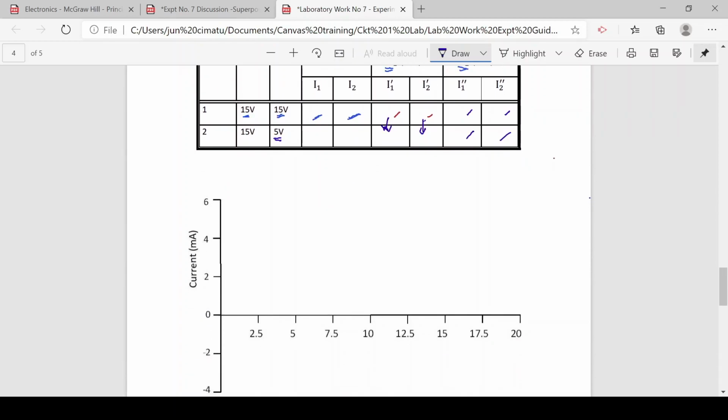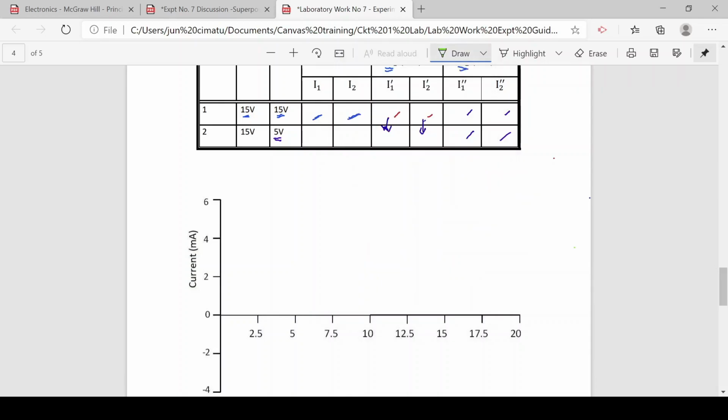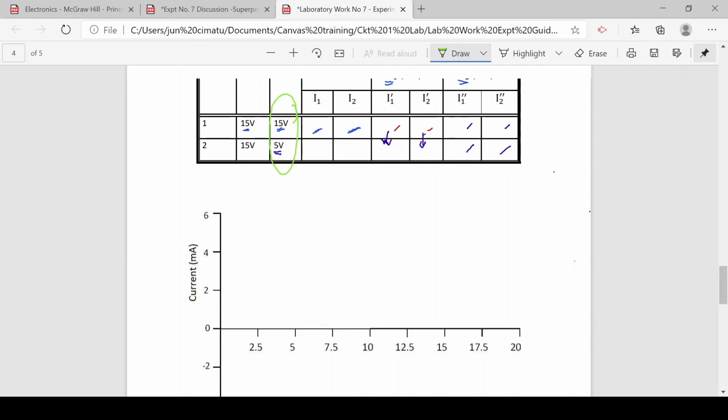You would be required to plot the graph to see the effect of changing voltage on the other side of the circuit. So you are required to plot the 15 and 5 volts variation of E2.